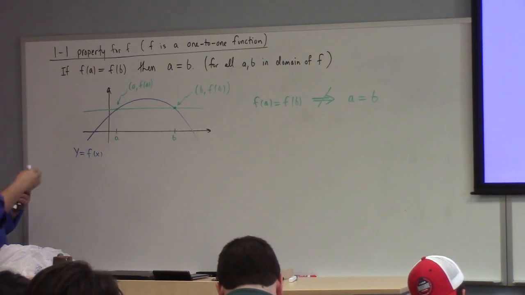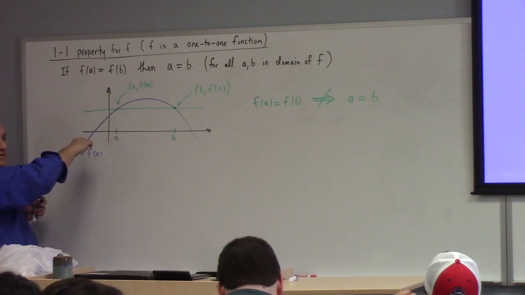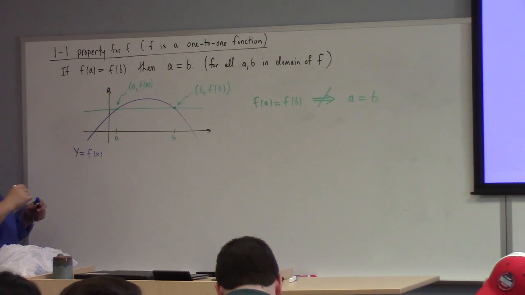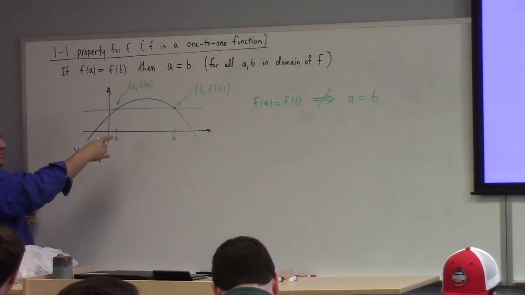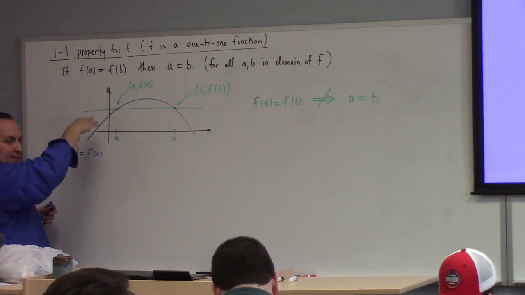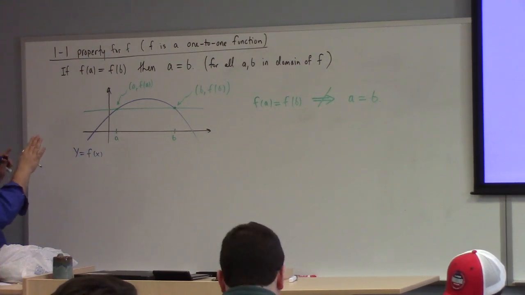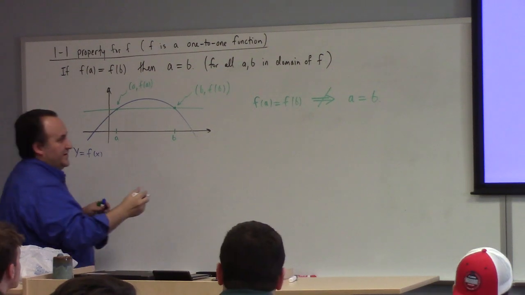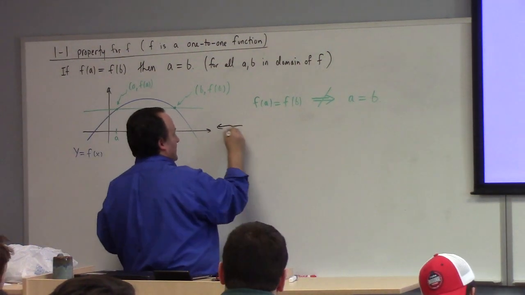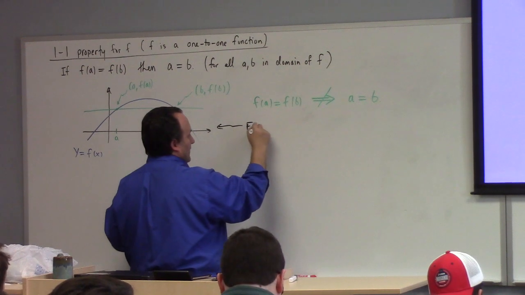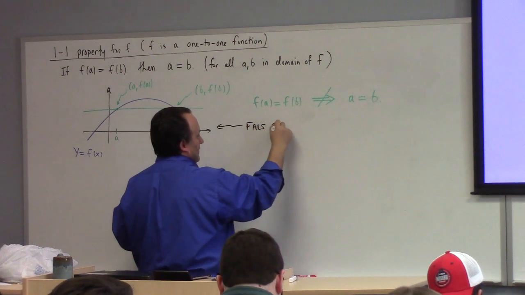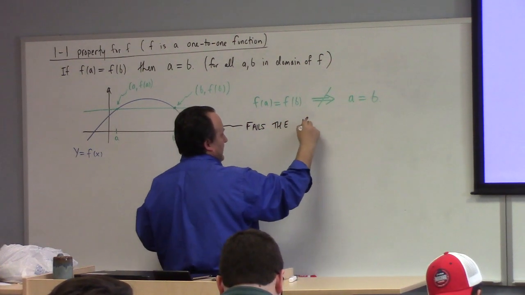Why? Because we have a horizontal line that goes through two different points on the graph. That means that there are two different inputs which output the same output, right? So in this case, we say that this function fails the horizontal line test.